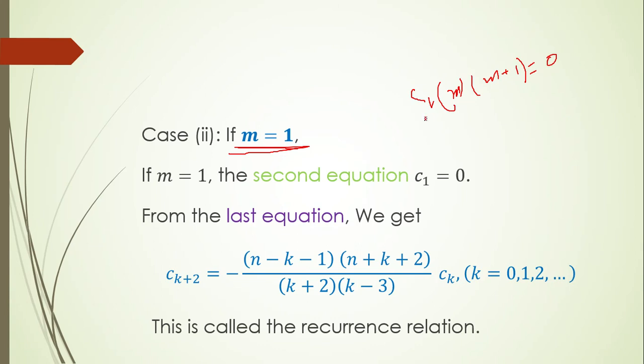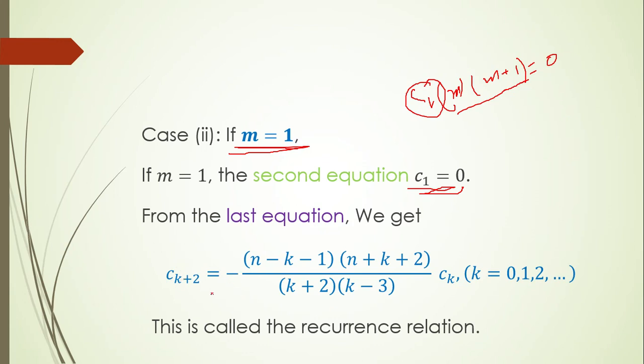So c1 must be 0. And the last equation we get c_{k+2} is equal to minus (n minus k minus 1) into (n plus k plus 2) upon (k plus 2) into (k plus 3) into c_k, where k is equal to 0, 1 to infinite.